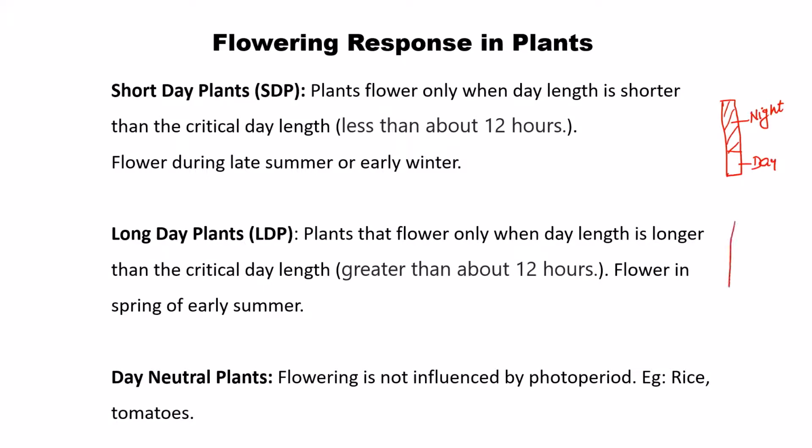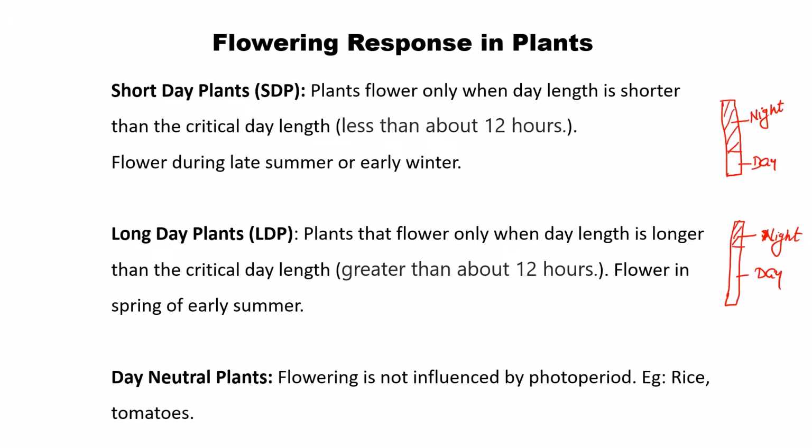So these long day plants need longer day length for flowering, or we can say they need shorter night for flowering. Long day plants are also known as short night plants, and they flower in spring or early summer.